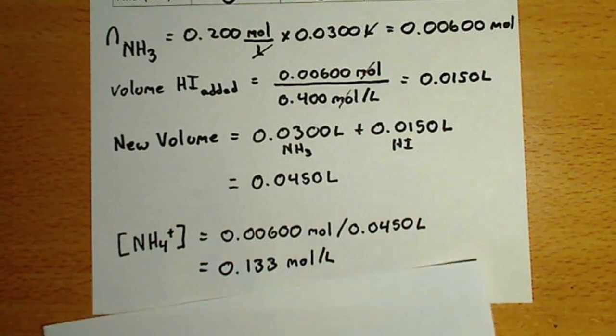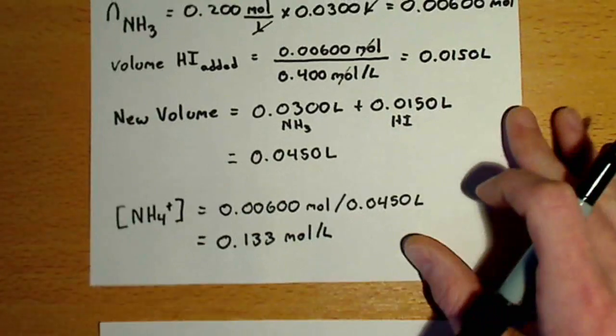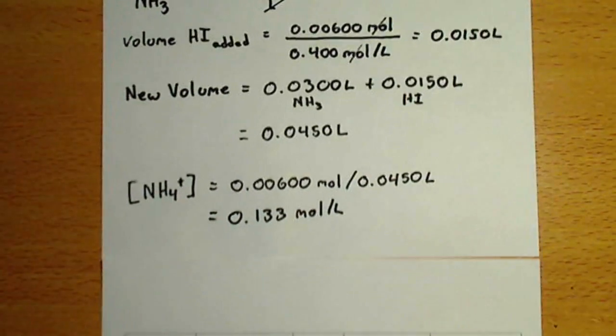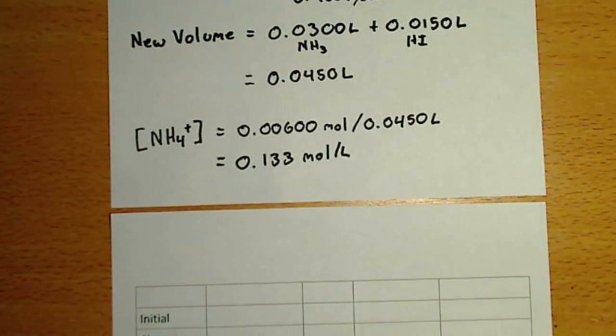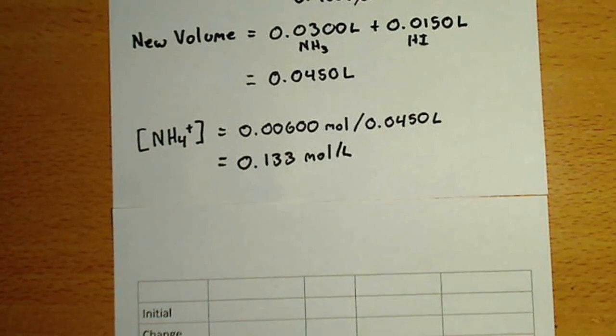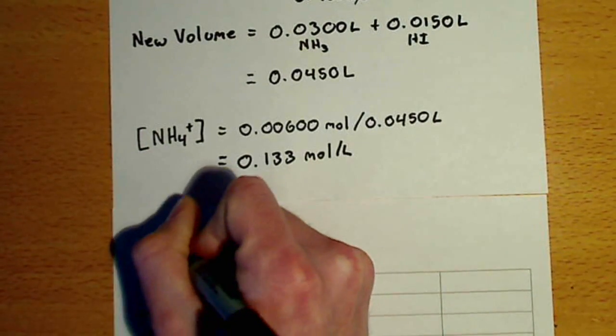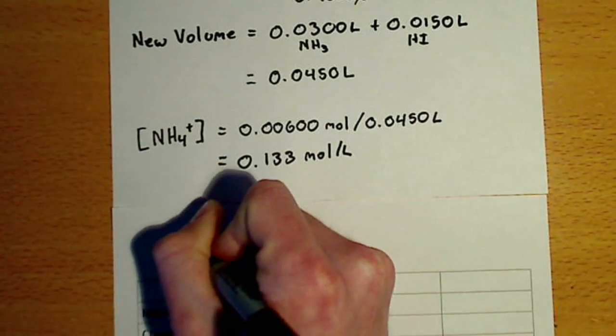To do that, we would start out by forming an ICE table and looking at the reaction of ammonium with water. So let's write out that reaction first.